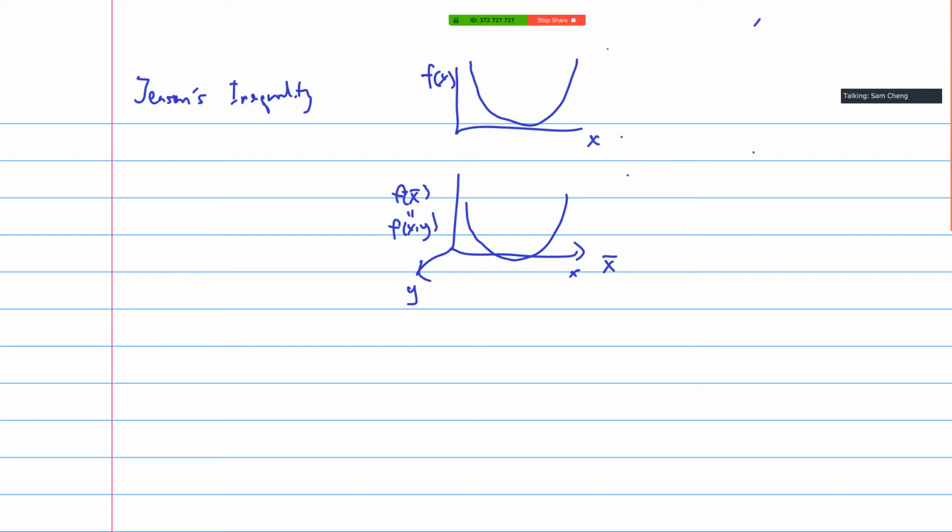By the way, I'm not sure how much you know about convex functions.